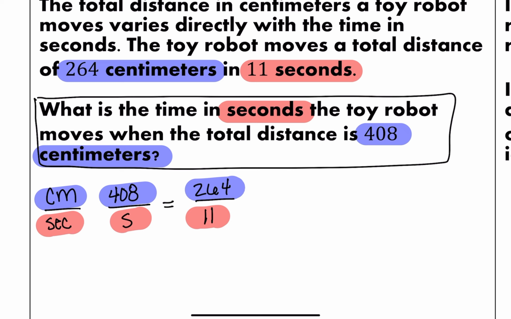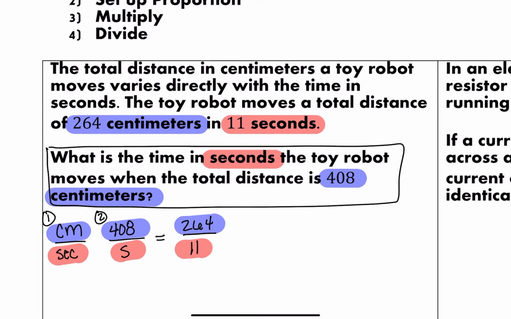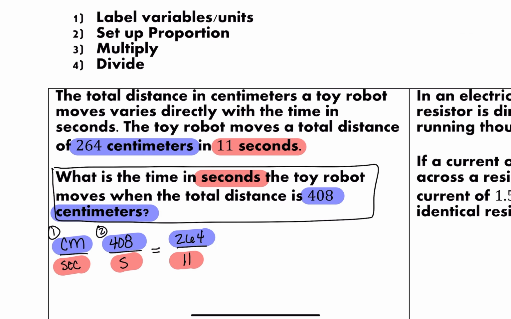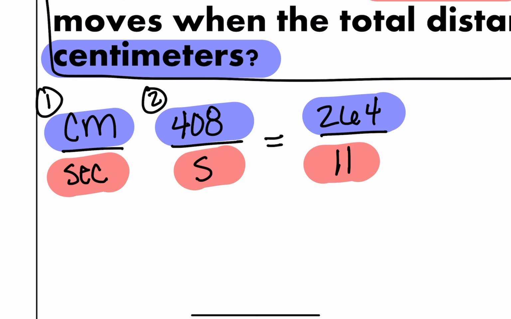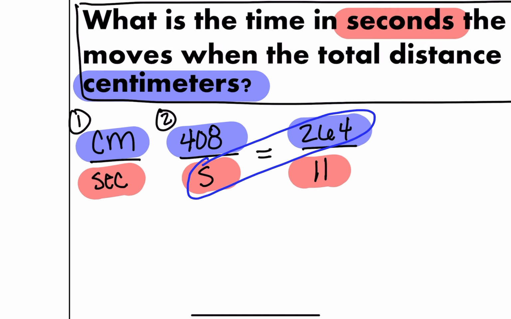Okay, so step 1 was label your units. Step 2, set up your proportion. So step 1 is done, step 2 is done, step 3 is going to be to multiply. So what I'm going to do is multiply S times 264.